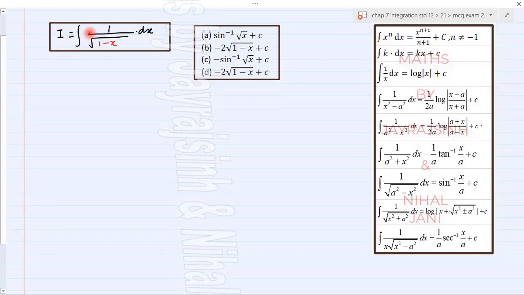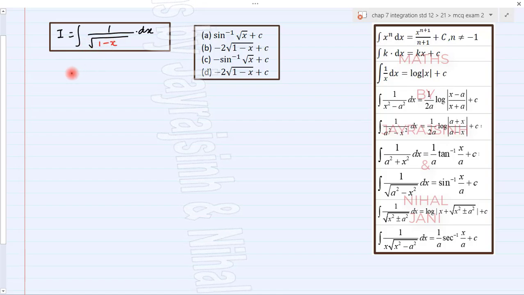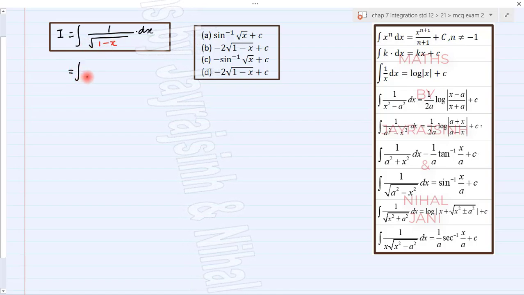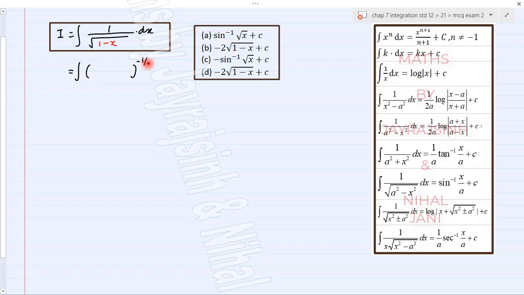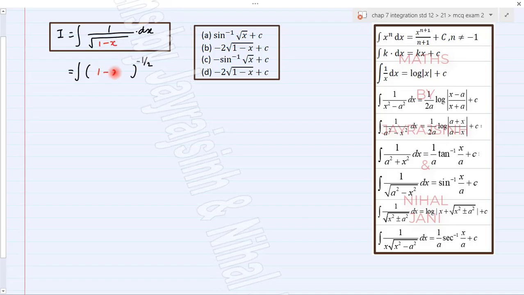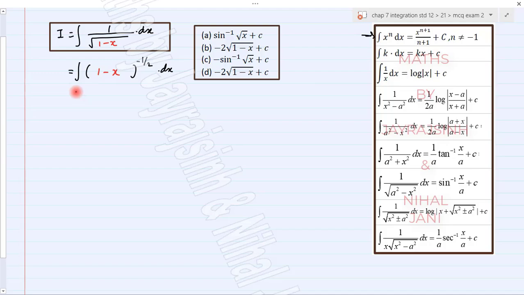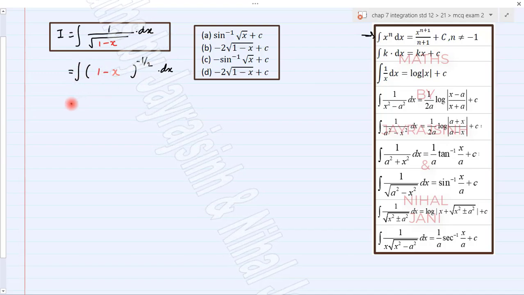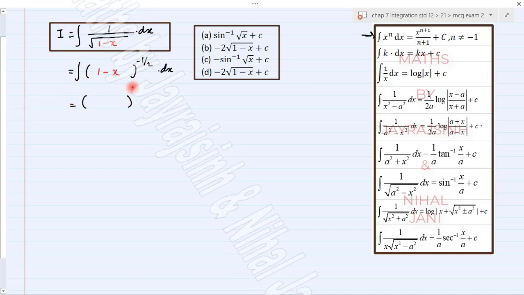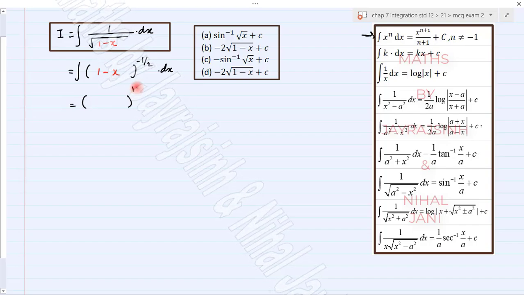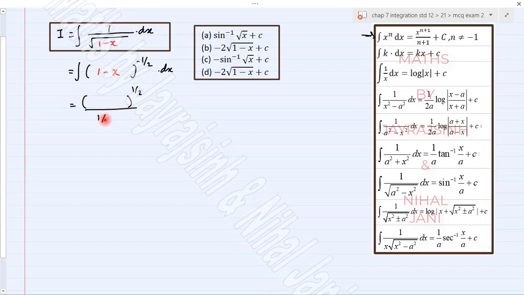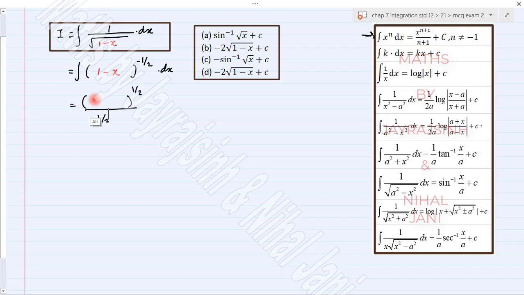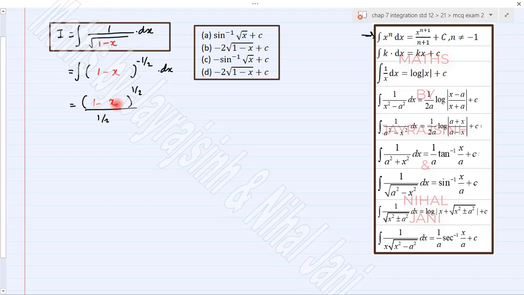Here we have to integrate 1 upon under root of 1 minus x, or we can say whole raised to minus 1 by 2 of 1 minus x. So integration of box raised to minus 1 by 2 is simply box raised to minus 1 by 2 plus 1, or we can say 1 by 2 upon 1 by 2. But within the box we have 1 minus x.